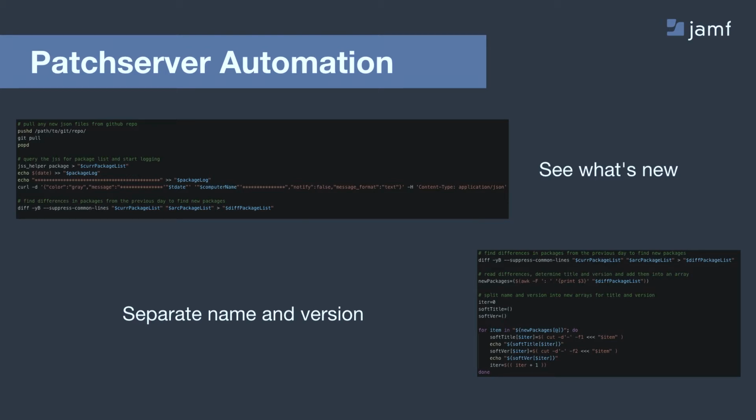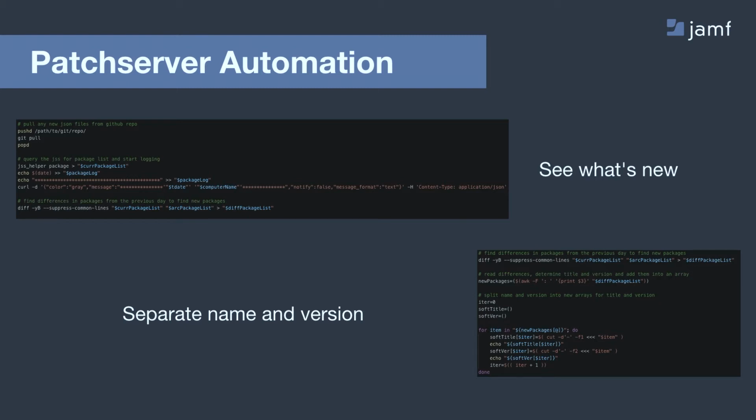So I started writing a script that will go through on our AutoPkg machine using a launch daemon that after AutoPkg is done running for the daily run, it'll go through and see what's new and update the patch server. And again, this is kind of small and a little unclear, but the slides will be out there. Plus, I do have a link to the template that this is on.